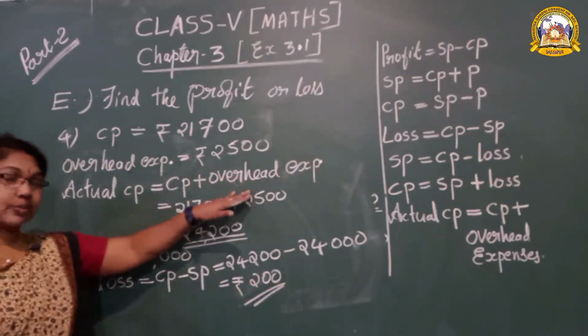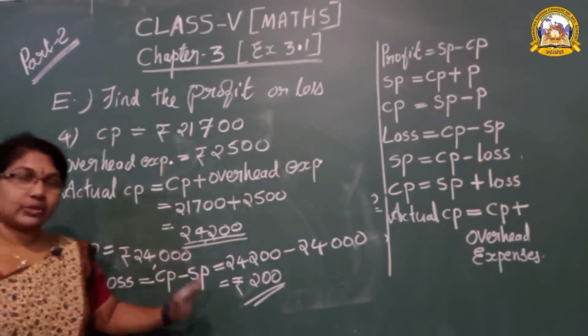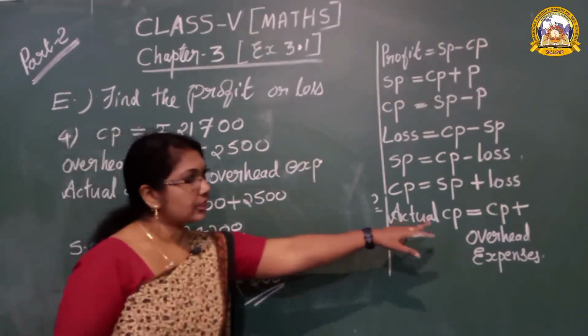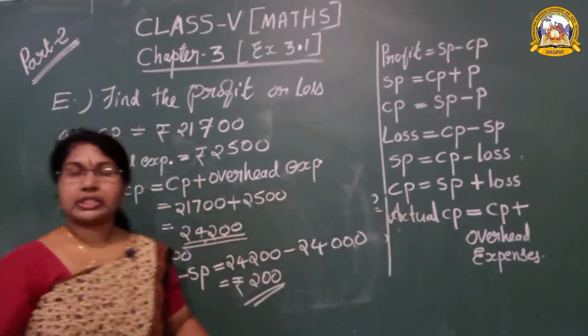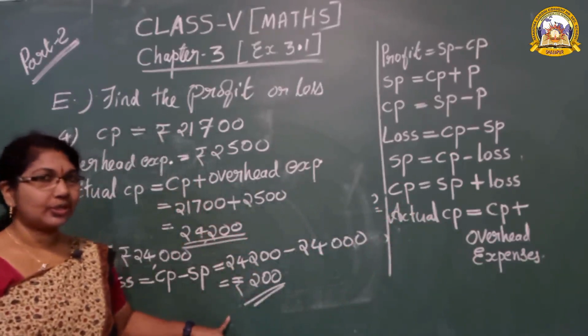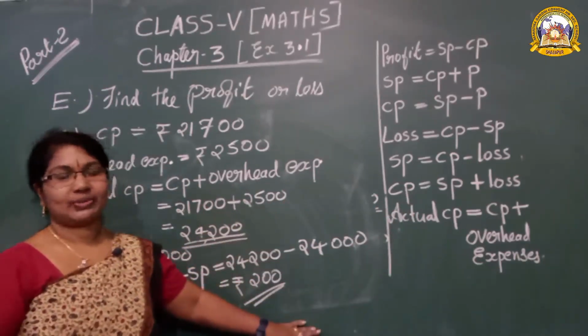When overhead expenses are there, we have to add it to the cost price. The formula: actual CP is equal to CP plus overhead expenses. Easy, no? Understood, no? But you have to learn the formulas, okay students.